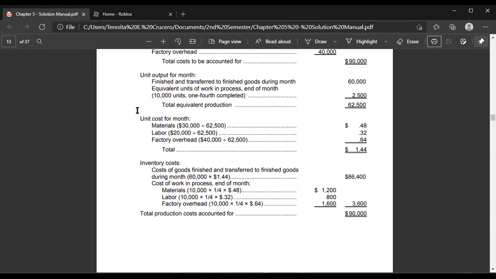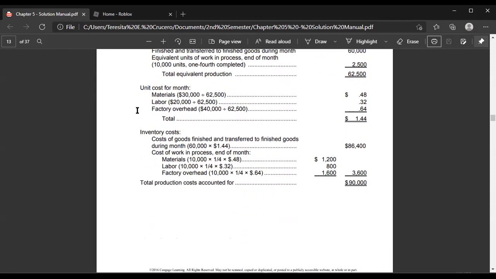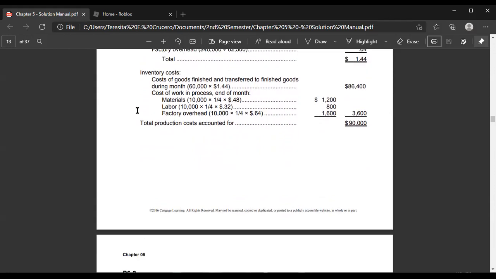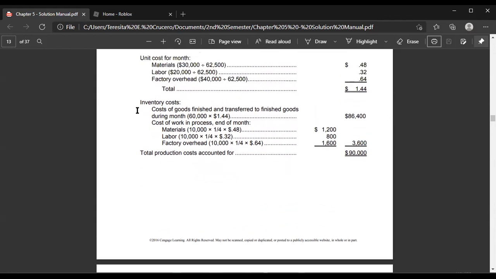Now for the inventory cost, we have this cost of goods finished and transferred to the finished goods during the month, 60,000 units times 1.44. How did we get this 60,000 units completed?